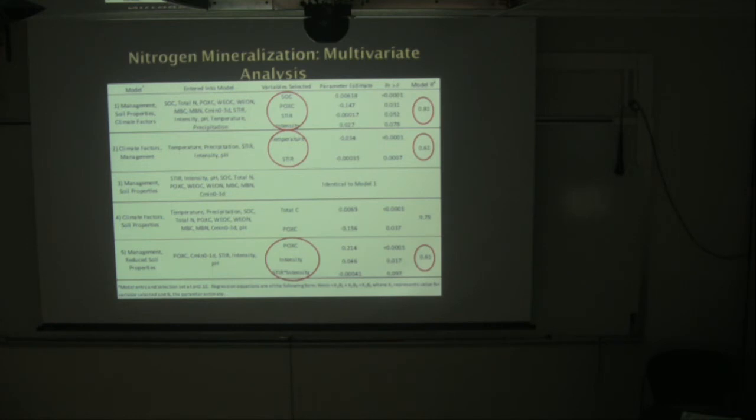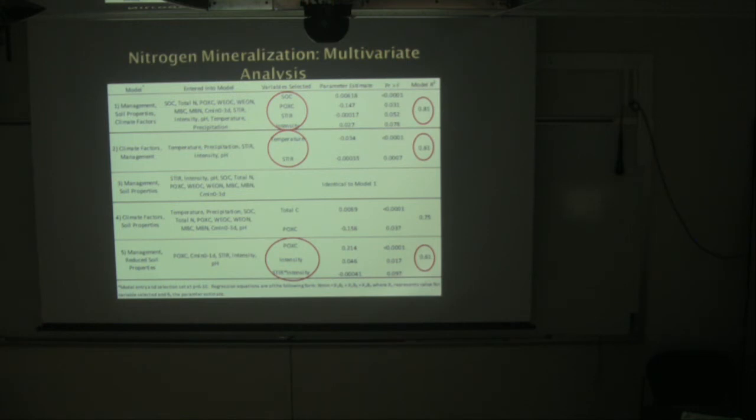The model up top here, including all three, management, soil properties, and climate factors, selected soil organic carbon, epoxy, stir intensity as the most significant. While epoxy and soil organic carbon are highly correlated, I left them in there as removing one, nothing else replaced it in the model. And they were able to explain 81% of the variation in nitrogen mineralization across the study area.